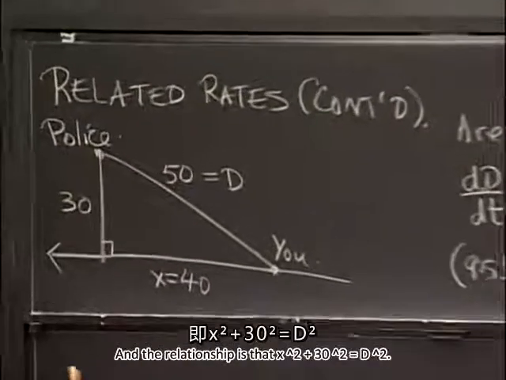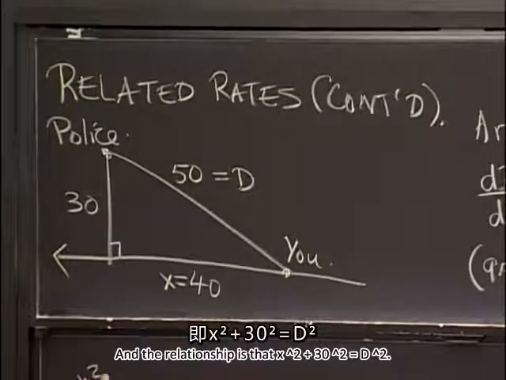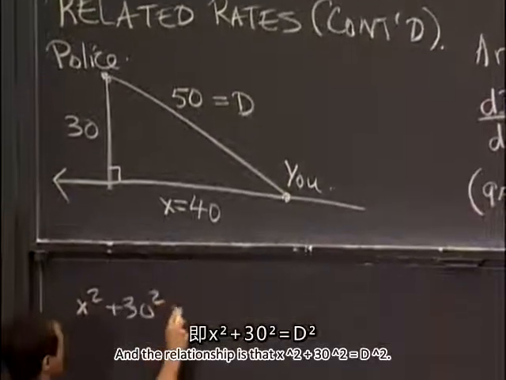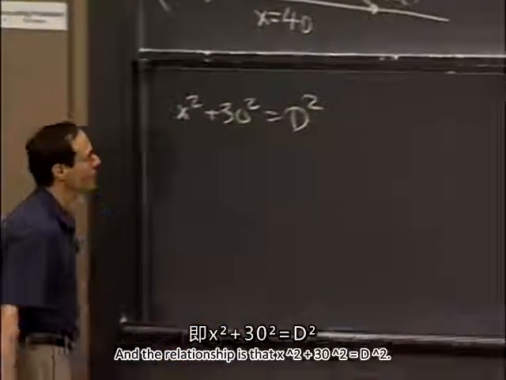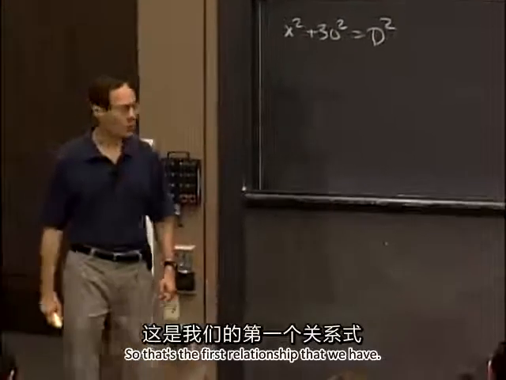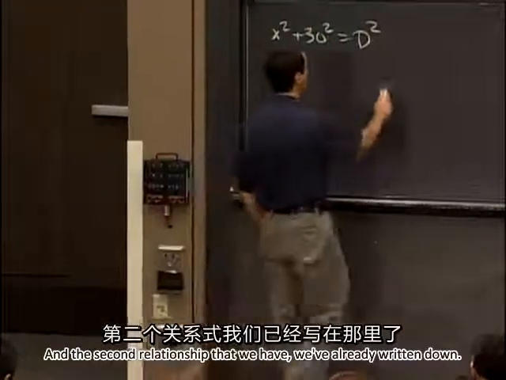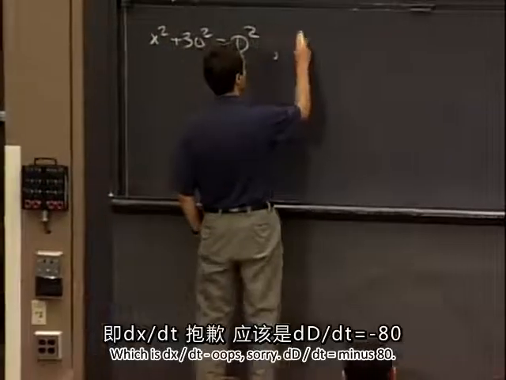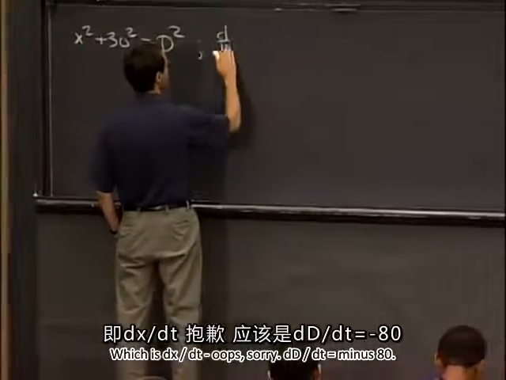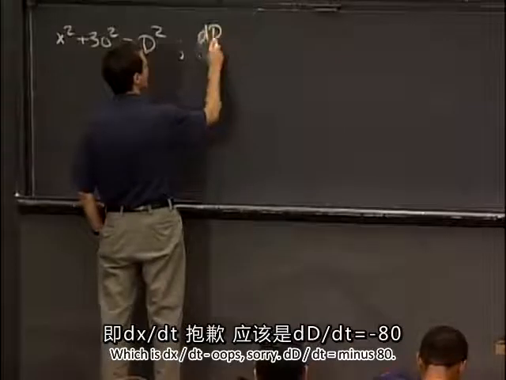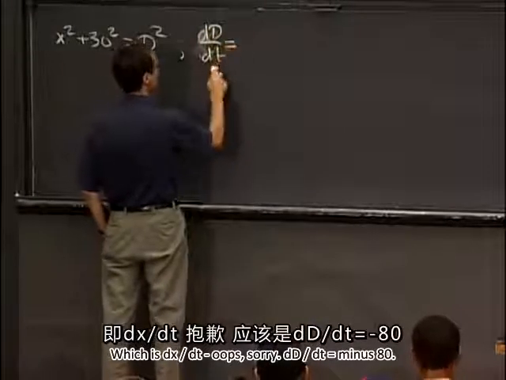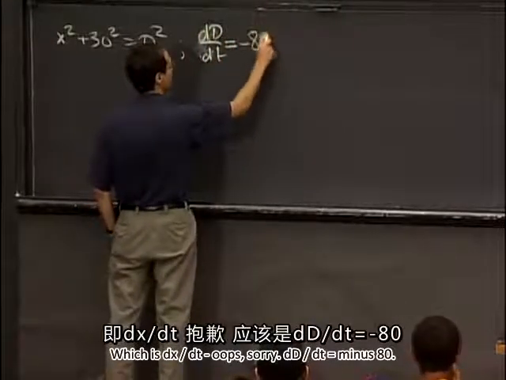And the relationship is that x squared plus 30 squared is equal to d squared. So that's the first relationship that we have. And the second relationship that we have, we've already written down, which is dd/dt is equal to minus 80.